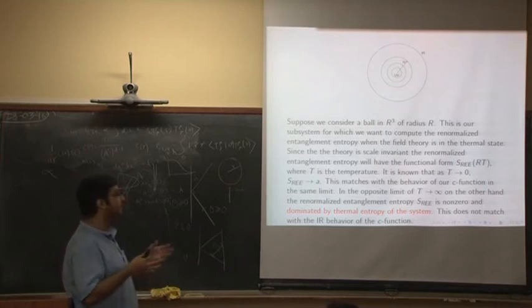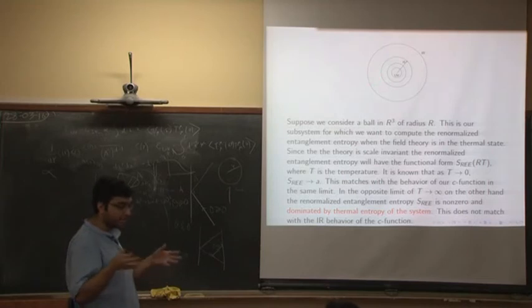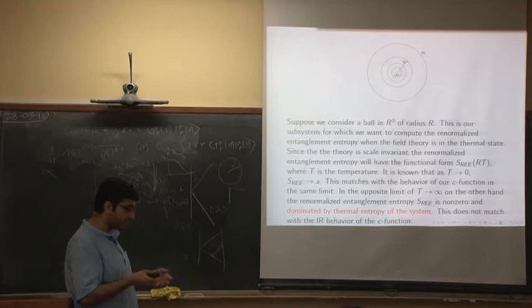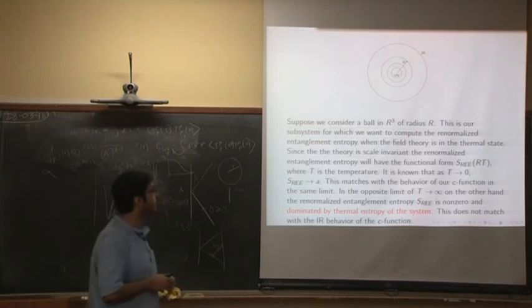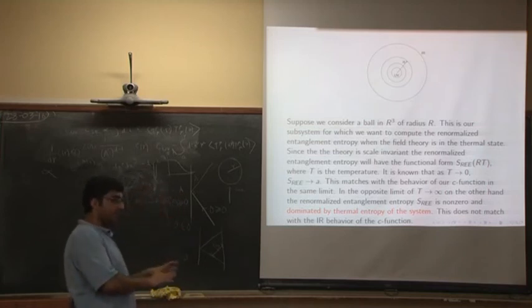The reason is that, as you know, if I take the entanglement entropy in the vacuum state of a field theory, and I take my subsystem as a sphere of some radius r, in that case, if I have a non-conformal field theory, then one can define a renormalized entanglement entropy, which is a function of r.